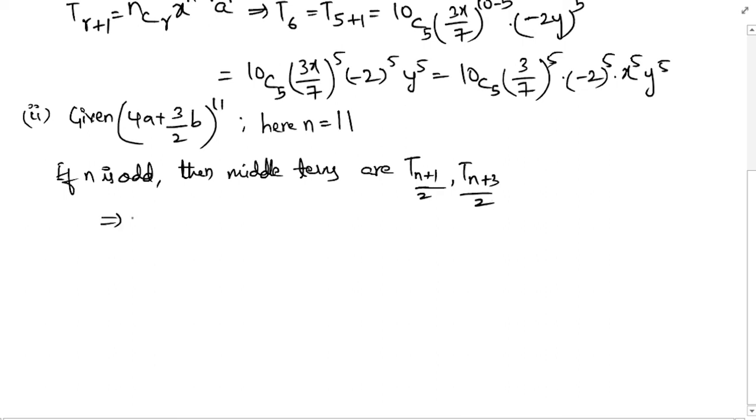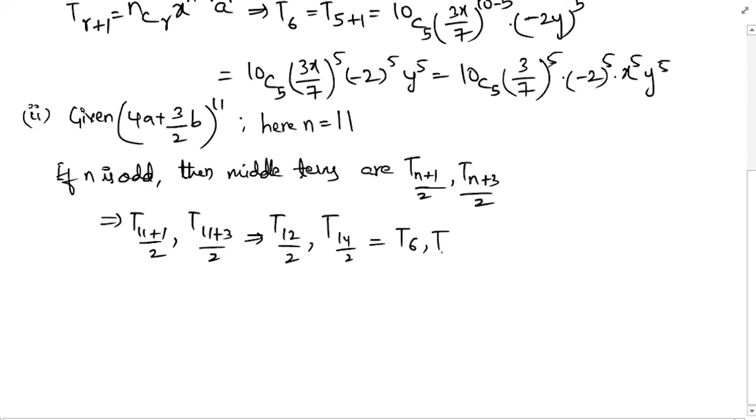So here that implies T(11+1)/2 and T(11+3)/2, which means T12/2 and T14/2. So that is equal to T6 and T7.